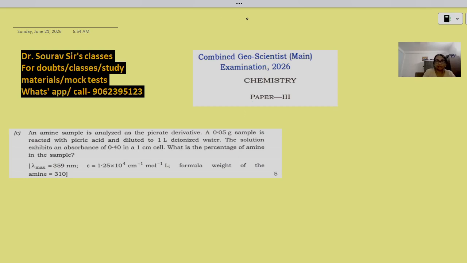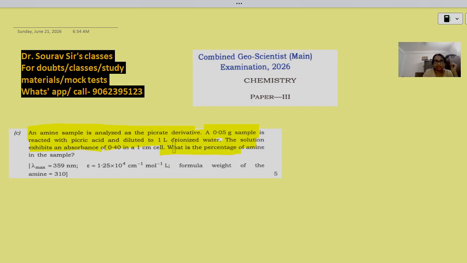Now today's question is that an amine sample is analyzed as a picrate derivative. A 0.05 gram sample is reacted with picric acid and diluted to 1 liter with deionized water. The solution exhibits an absorbance of 0.40 in a 1 centimeter cell.